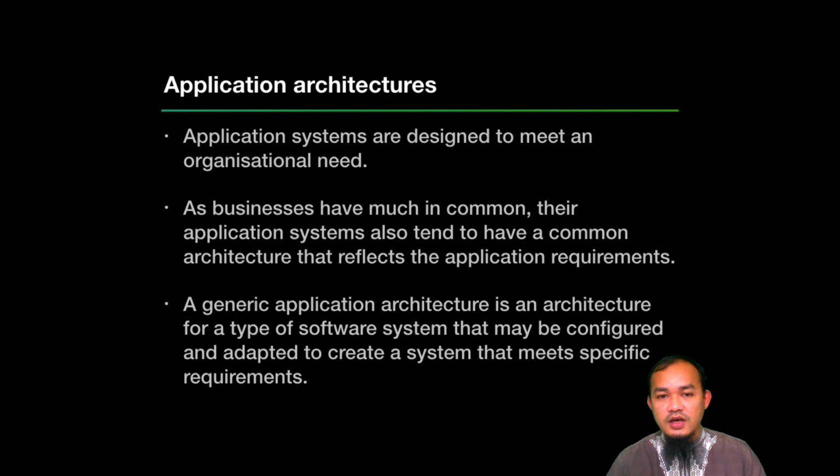As businesses have much in common, their application systems also tend to have a common architecture that reflects the application requirements. Because whatever the kind of system or requirement, they are sharing the same thing. So the generic application architecture for a type of software system may be configured and adapted to create a system that meets specific requirements.